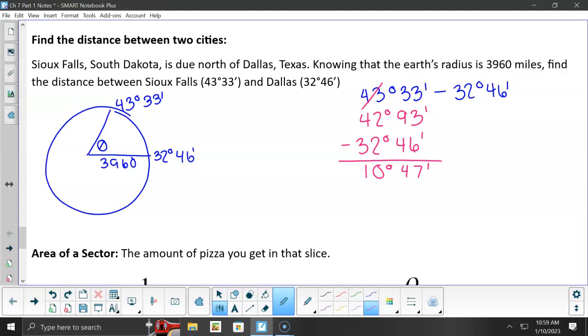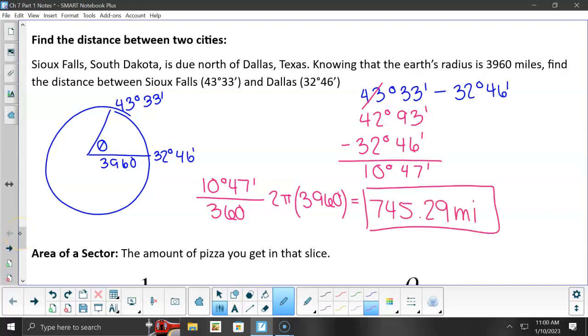So, plugging it into your calculator is just 7 minutes over 360 times 2 pi, and then my radius is 3960. If I remember correctly, on calculator, I think it's like 745. 745 miles.